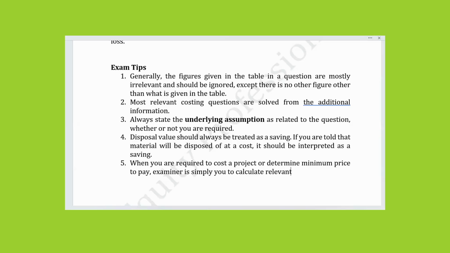So anytime in a question you have to cost a project or determine the minimum price to be charged, what the examiner is saying is that you should calculate relevant cost.